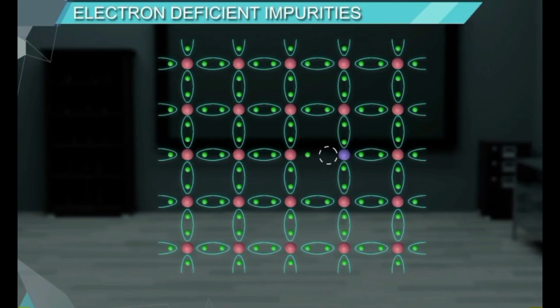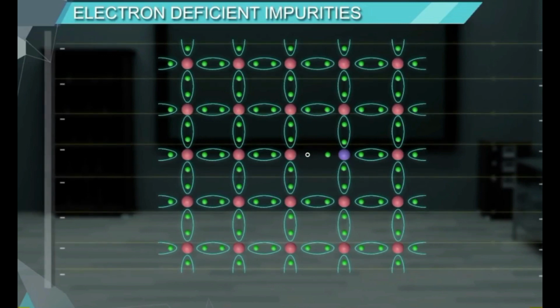One of the valence electrons of the silicon remains unpaired. This causes an electron vacancy or electron hole in the system. To fill this vacancy, an electron from the neighboring atom jumps into the electron hole, creating an electron hole at its original position.